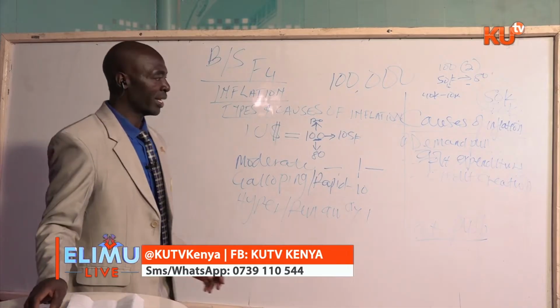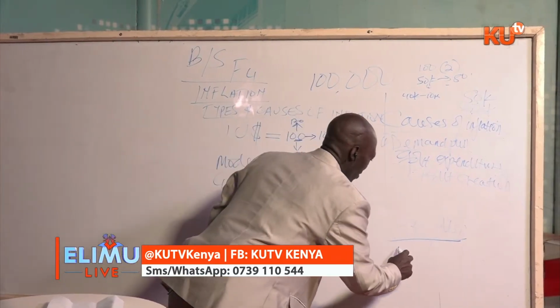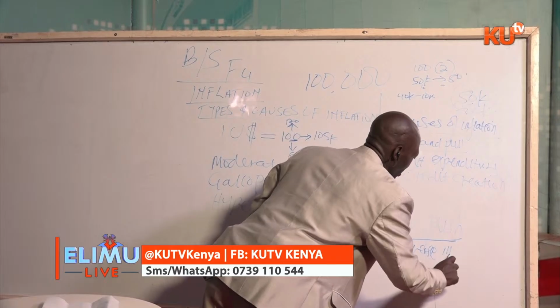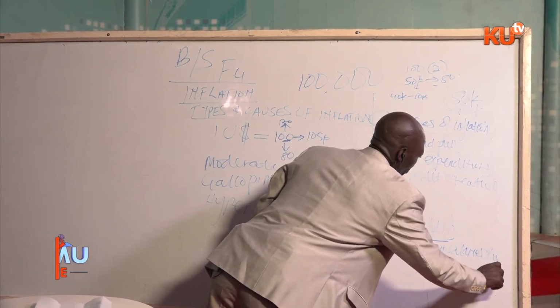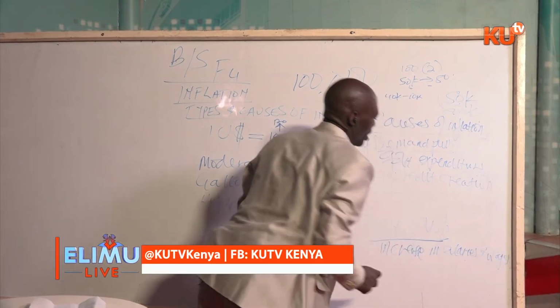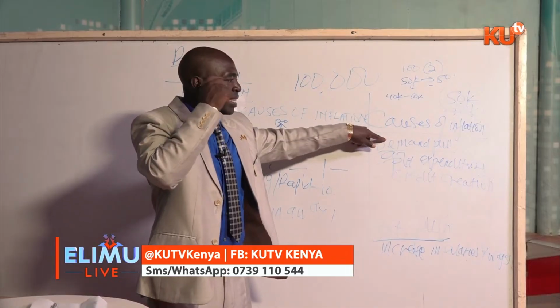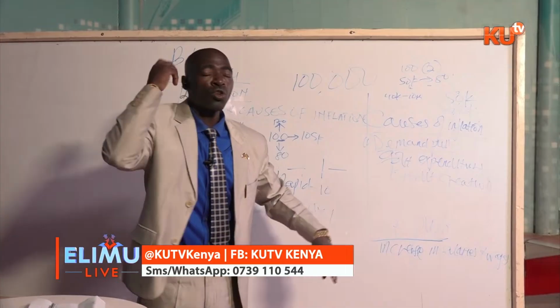Then we come to the second one, which is cost push. Under cost push, we have increase in salaries and wages. So here, where before we were talking of demand, the customers' urge to get more, here we are talking about the cost of production.